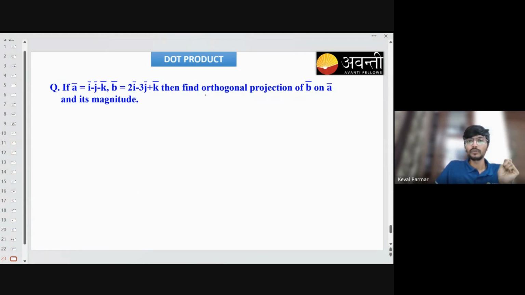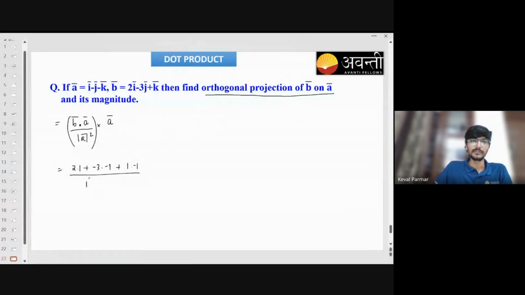We have to find the orthogonal projection of B bar on A bar. That means they are trying to find B bar dot A bar upon mod A square into A bar. So what is B bar dot A bar? 2 into 1 plus minus 3 into minus 1 plus 1 into minus 1, upon what is mod A square?